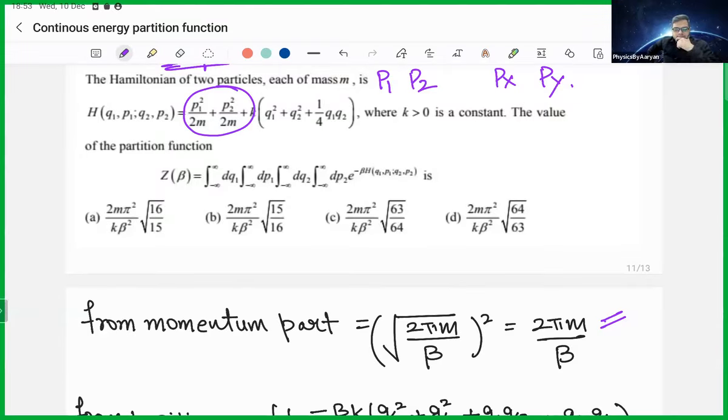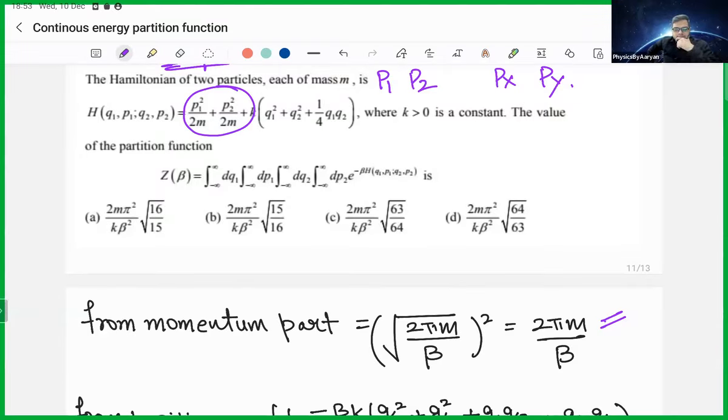That is why I have written q1 q2 and q2 q1, so that you can see things better. And this is q1 square, this is q2 square. Does this give you a feeling of a matrix, where this is 1, this is 1, and this is 1 by 8 and this is also 1 by 8? Do you all get the feeling of a matrix? Yes, this is a matrix.